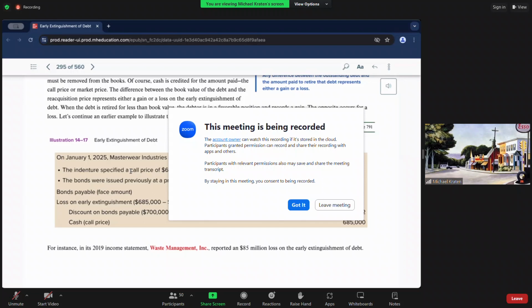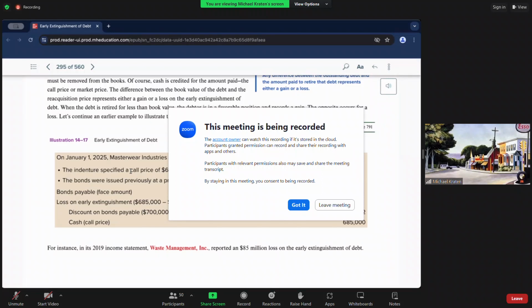Furthermore, if you're thinking, well, what's so special about that? Can't someone pay off their loan early? Well, yeah, they could, but it's usually the borrower that decides, hey, I'd like to pay off a loan early. It's usually not the lender who has the right to do that.